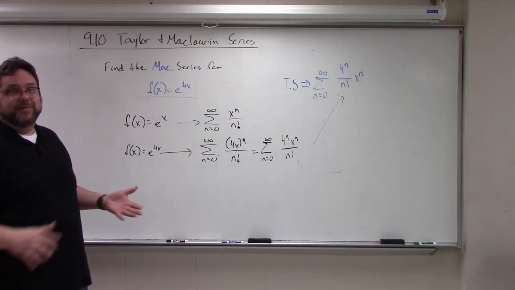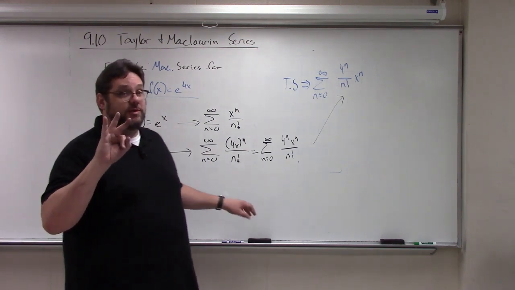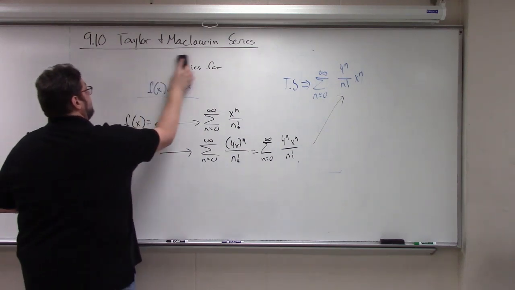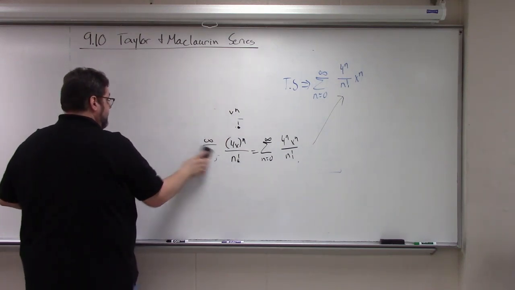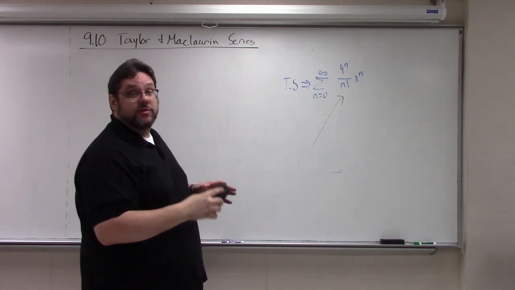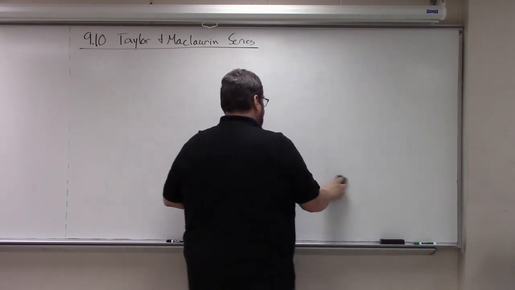All right. So now what I want to do, remember there are 3 things we can do. You can find the Taylor or Maclaurin series. You can then show the interval of convergence. And the last thing, remember, is representation.